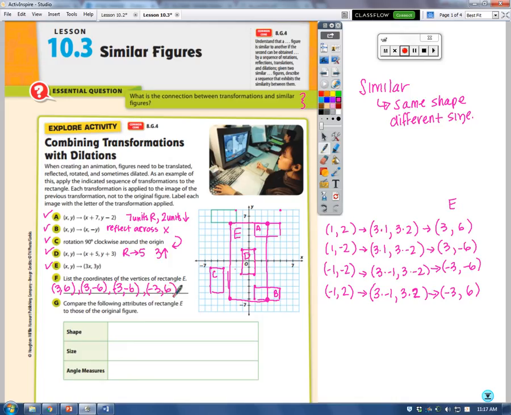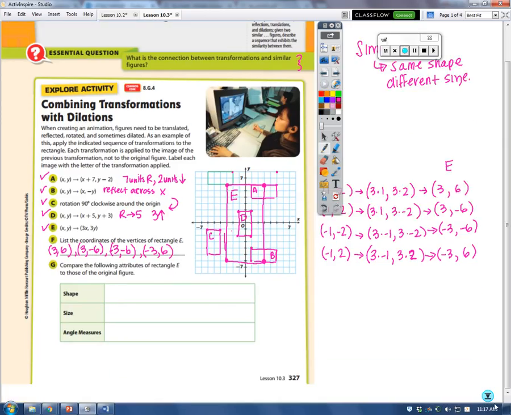Okay, and the last step here of this one is to compare the following attributes of rectangle E to those of the original figure. So rectangle E to our original figure right here. Is the shape the same? The shape is the same, so this is the same shape. Right? Size.